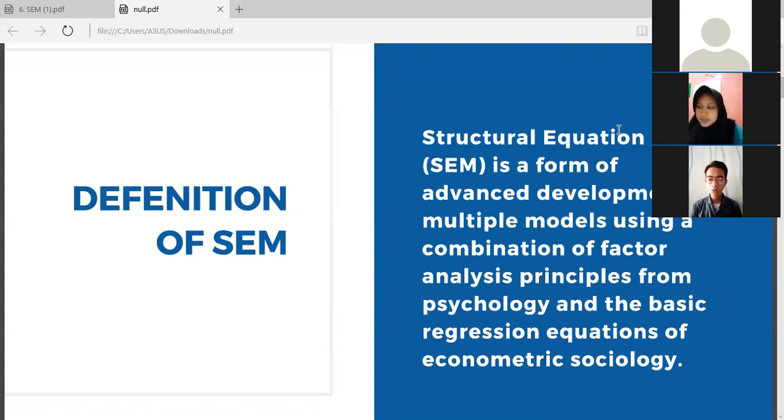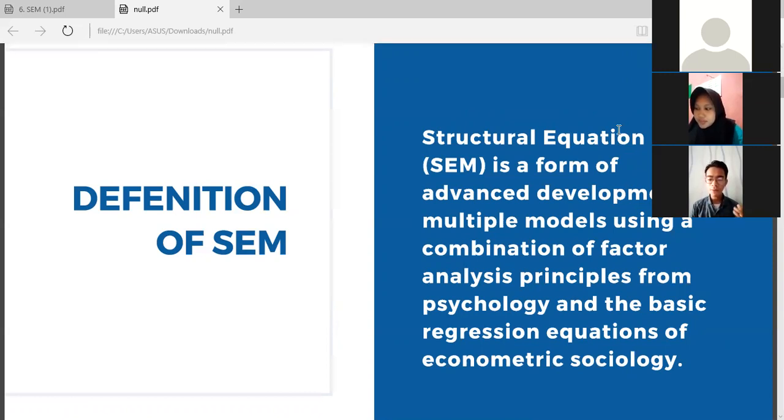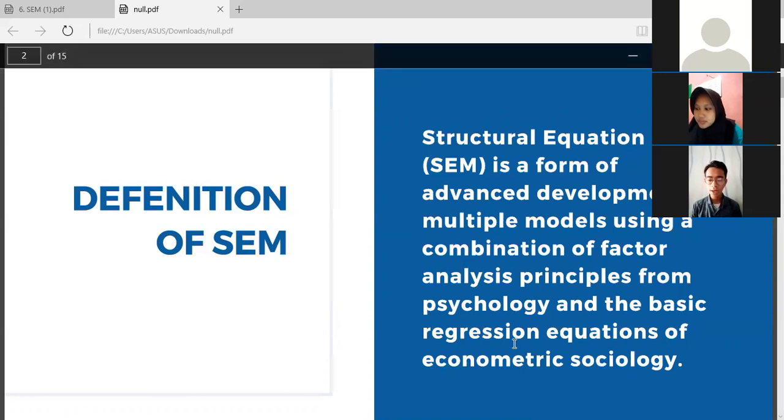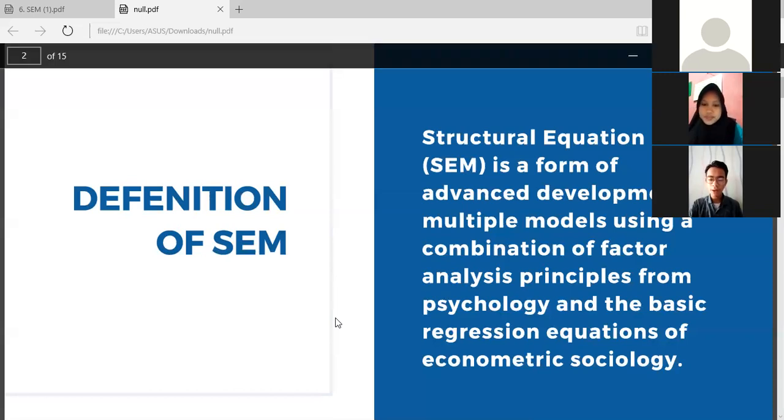Structural equation model (SEM) is a development of multivariate analysis, namely factor analysis, principal component analysis, variable analysis, and correlation analysis, which have more ability to solve problems involving many linear equations in ladder variables.